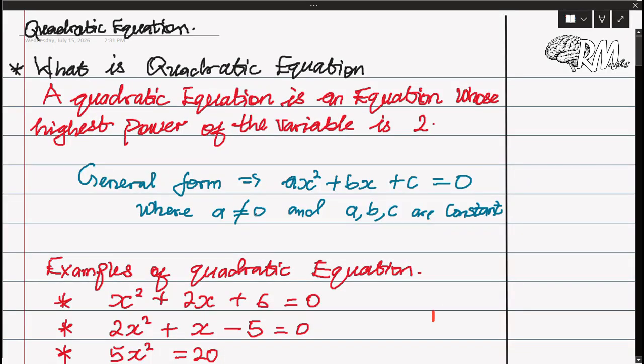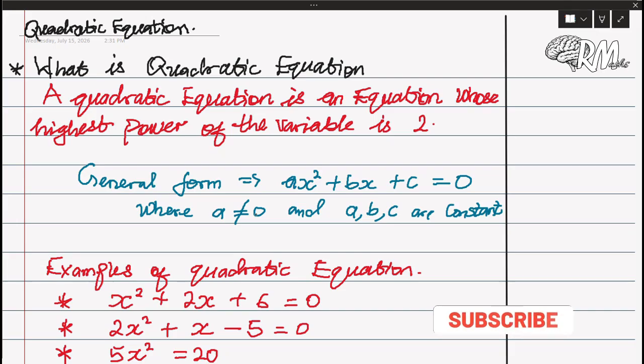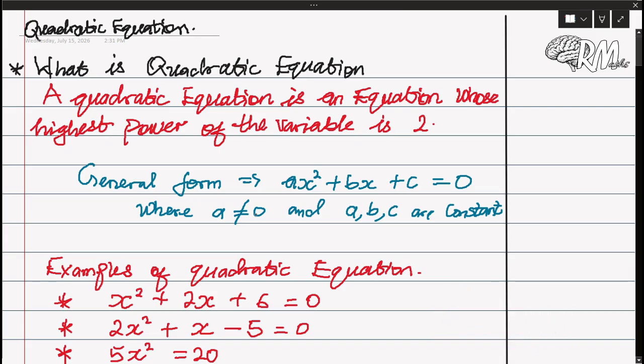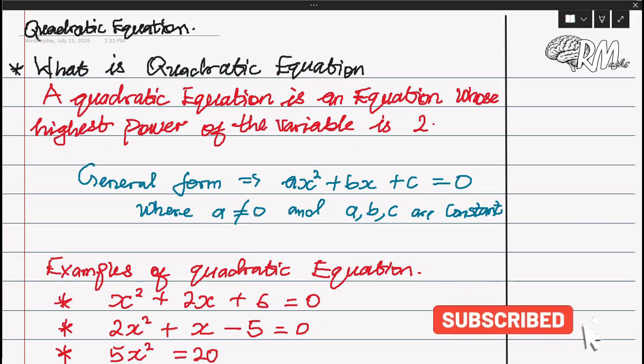Quadratic equation is an equation whose highest power of the variable is 2. The general formula of quadratic equation is ax squared plus bx plus c equals 0, where a is not 0 and a, b, c are constants.